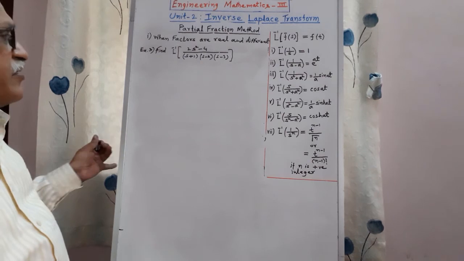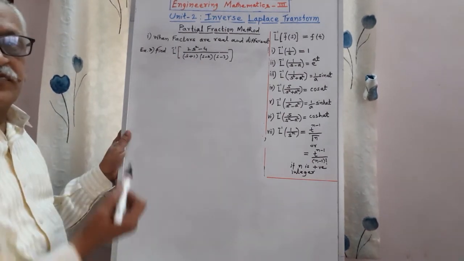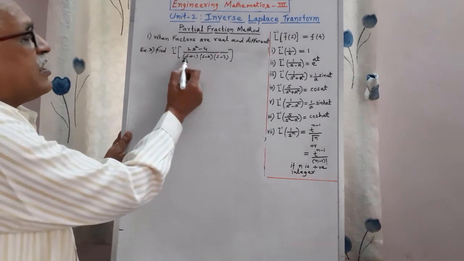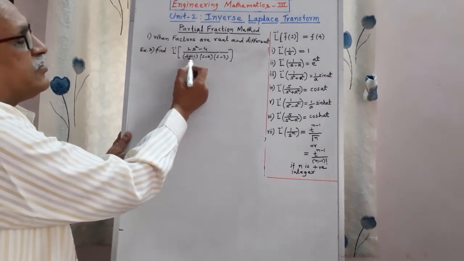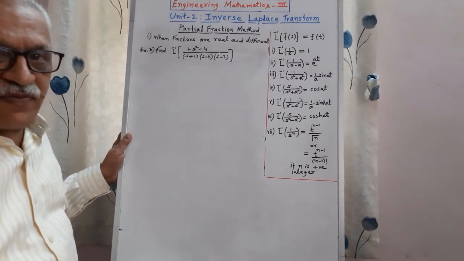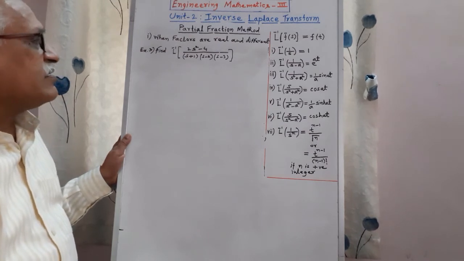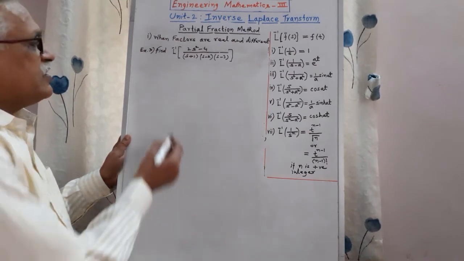Here the degree of the numerator term is 2, s square, and the degree of the denominator term is 3, and as 2 is less than 3 it is a proper fraction, and as it is a proper fraction we can apply the partial fraction technique or method.